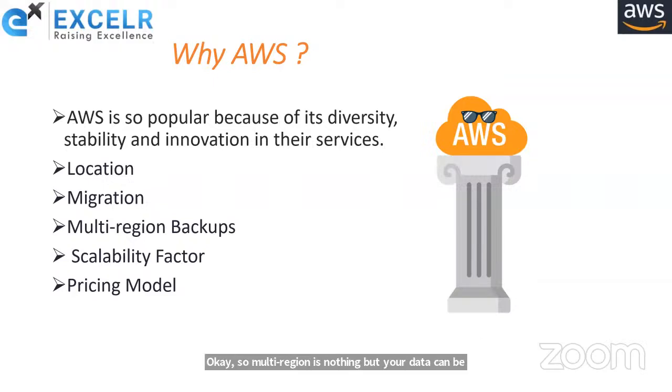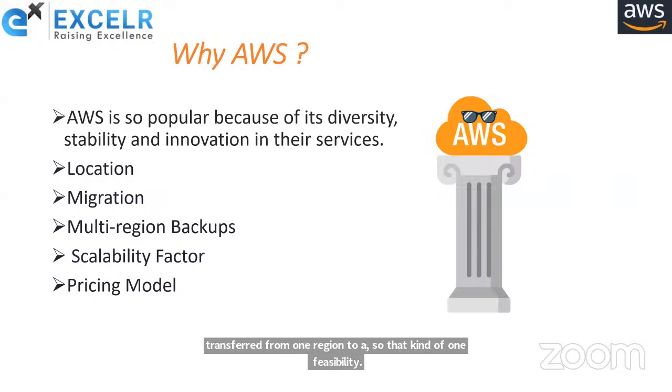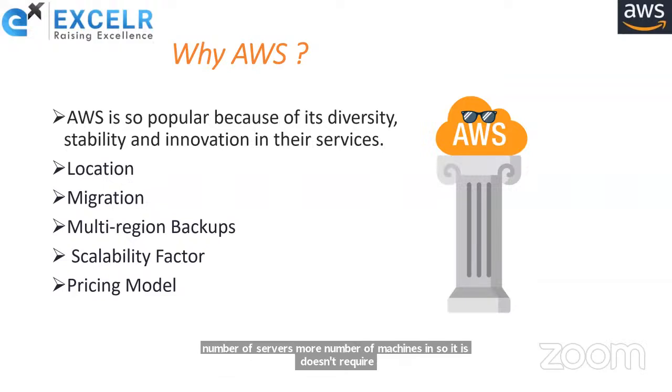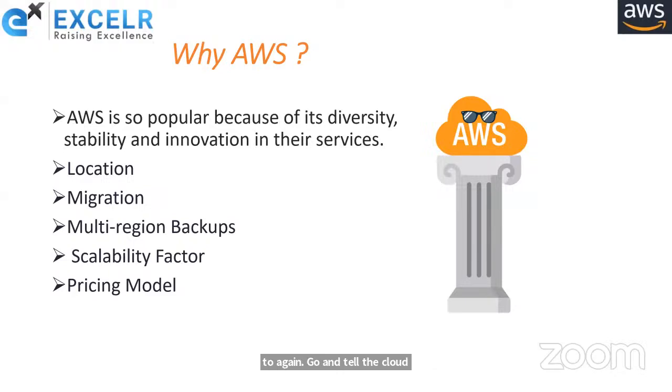Right. And the scalability factor. What is the scalability factor? As we learned yesterday about high traffic websites, when we load high traffic websites we need to deploy more servers and more machines inside the cloud environment. It doesn't require you to go and tell the cloud to launch servers every time. The cloud automates the process: it gauges the capacity and scales the environment.